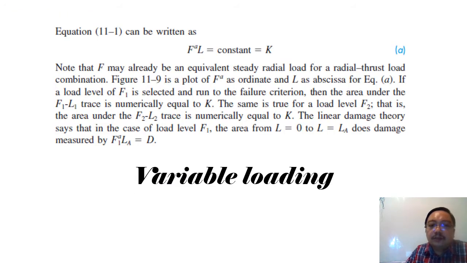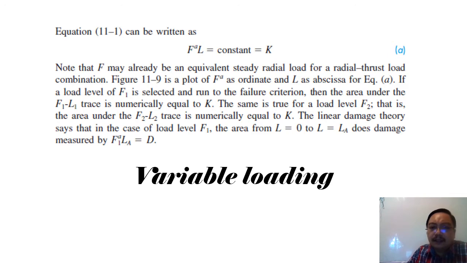F^a L equals constant K, where F is the force, the load, equivalent to the steady radial load, or for a radial thrust load combination. In the previous video we learned about equivalent load, and Figure 11.9 is a plot of F^a as ordinate and L as abscissa.